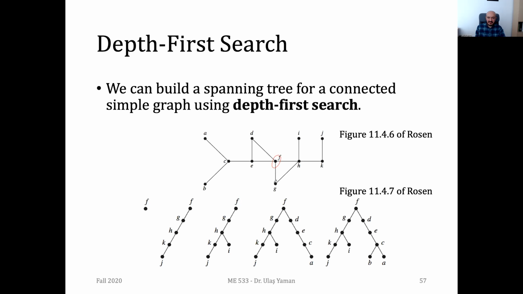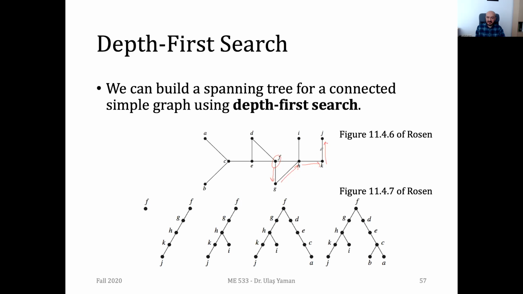We have some options, but I select going in this direction. This is G. And after G, I don't have any other options, so that will be H. And then I may go to I, but that will be a shorter search. So I want to go as deep as possible. That's why I prefer to visit K next, and then obviously J.